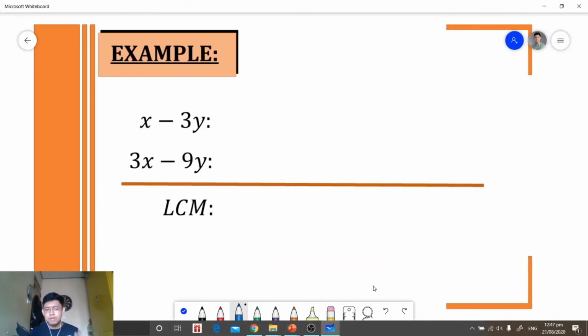We're given these 2 expressions and we're going to get the least common multiple of these 2 expressions. First thing that we need to do is to get the factors of our given. For the first one, we cannot factor this anymore, so we will just copy x minus 3y. For the second given, since we can factor this, we're going to use common monomial factoring.